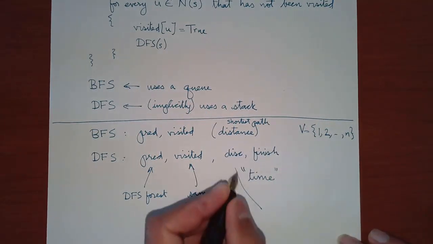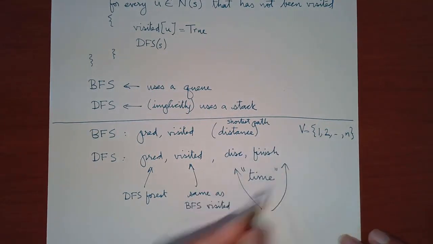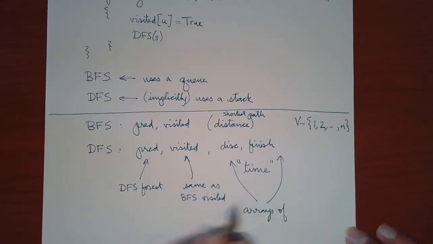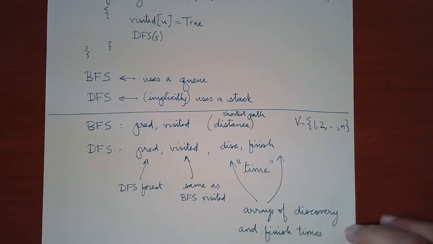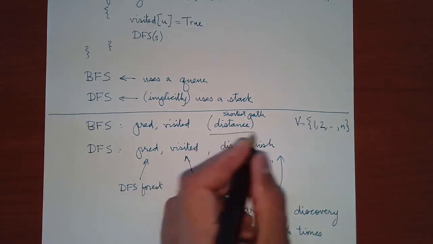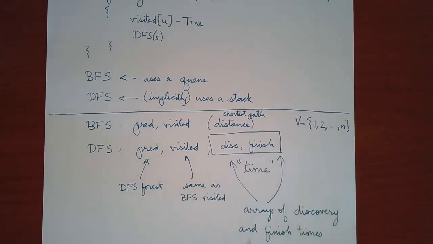So these are arrays of discovery and finish times. This I'll explain, and this notion of time is kind of what makes DFS special.